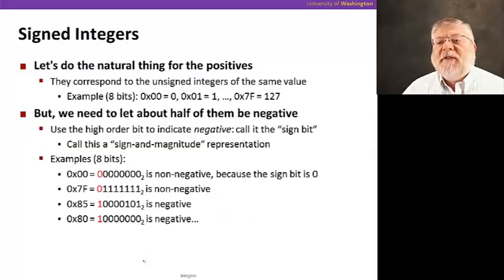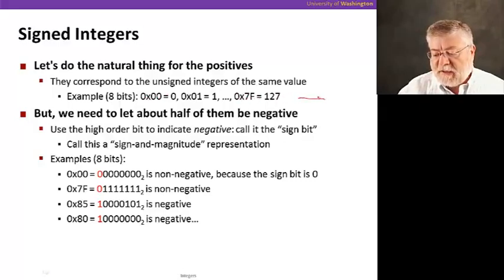So let's do the natural thing for representing positive numbers. They're going to correspond to all the unsigned integers of the same value. So in 8 bits, for example, we can go from the hex 00 to the hex 7F and represent 127 different positive numbers.